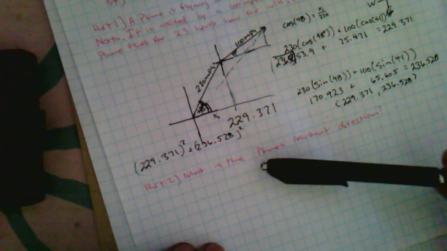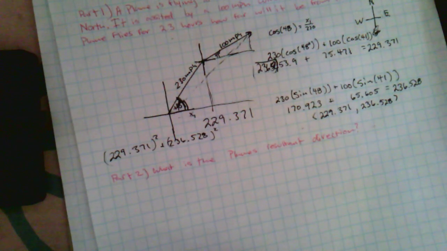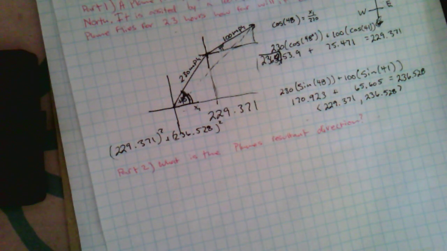And by the way, if you were moving ahead, we're just going to do tangent inverse to find the resultant direction. But we're going to do this. Let me plug this into the calculator. 236.528 squared.